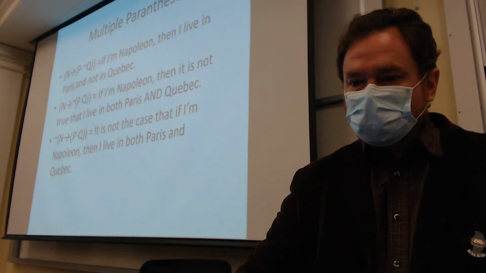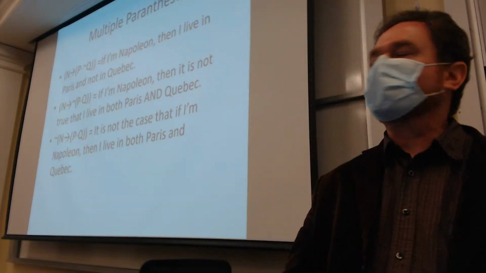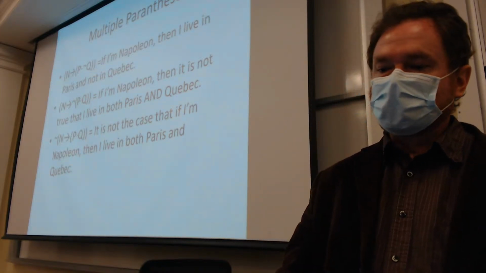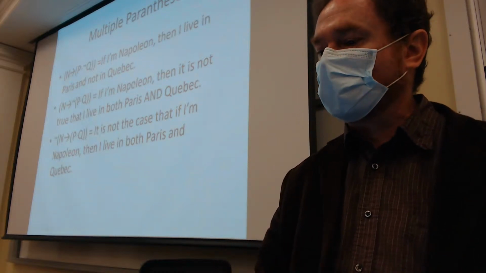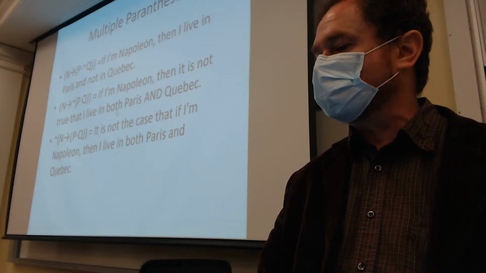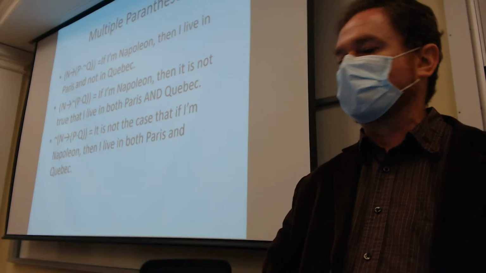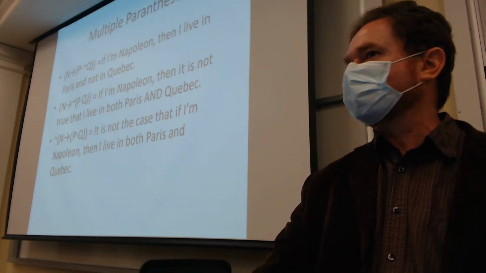But we can move the negation and have it so that it negates the entire internal parentheses. Then the translation is different. Then the claim is, if I'm Napoleon, then it is not true that I live in both Paris and Quebec, or I don't live in both Paris and Quebec, which isn't particularly shocking. Most people don't live in more than one place.